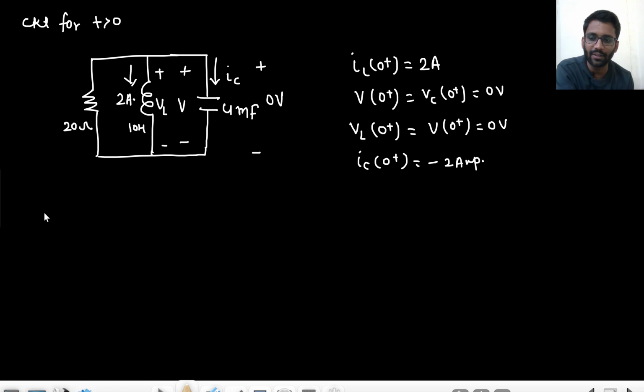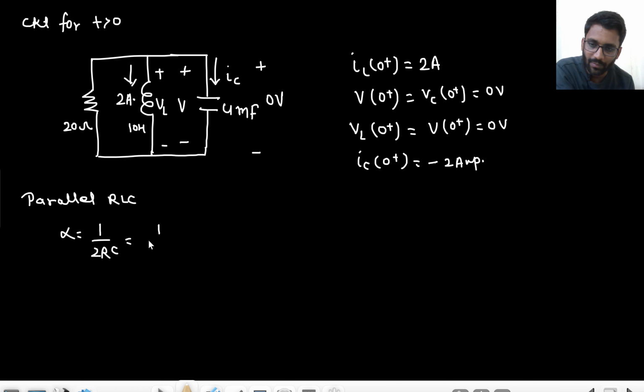First I need to find the value of alpha. This is a parallel RLC. Alpha is 1 by 2RC, you need to remember it. That would be 1 by 2, the R value is 20, the C value is 4 milli, so it will be 80 milli.